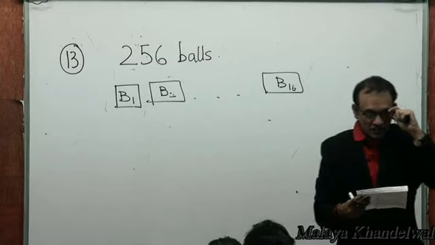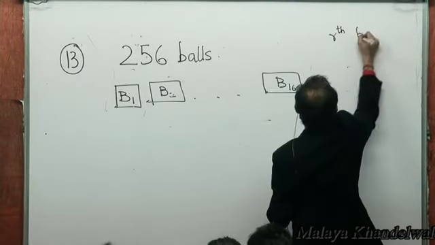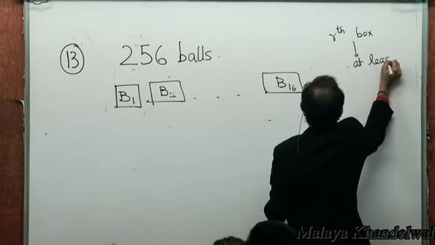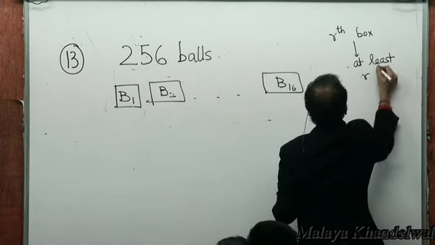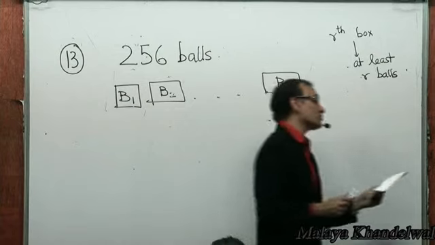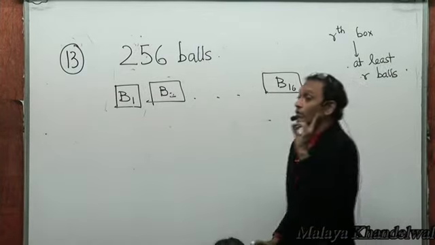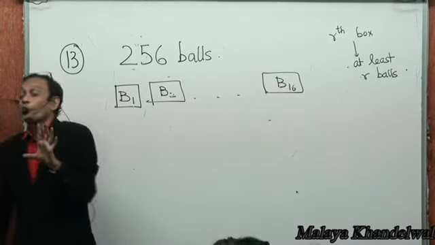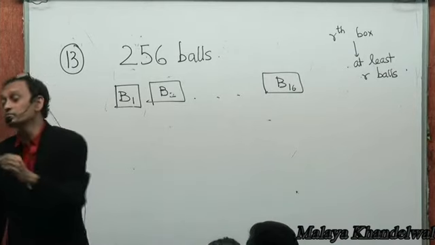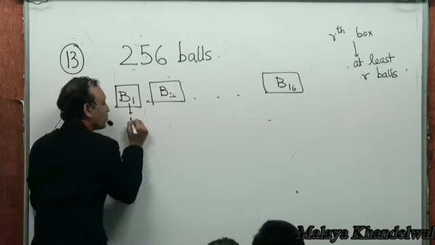Such that the rth box contains at least r balls. That means what I should do is first give each box the minimum number of balls it must have. So the first box must have at least 1 ball.